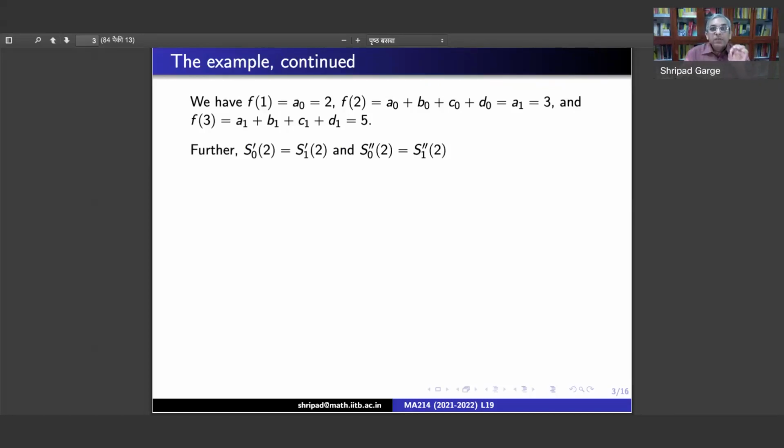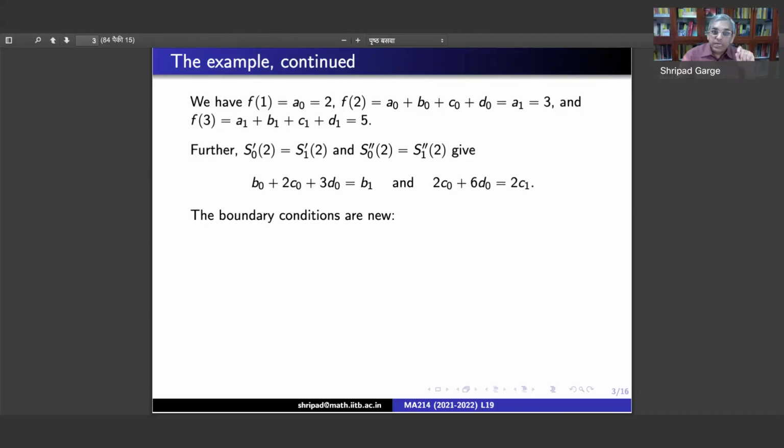And so at x equal to 2, we have these equalities which will give us that b0 plus 2c0 plus 3d0 equals b1 and 2c0 plus 6d0 equals 2 times c1. This is the double derivative. Okay, so we have 2 more equations with the 4 equations earlier, a total of 6 equations, and now we impose the boundary conditions.